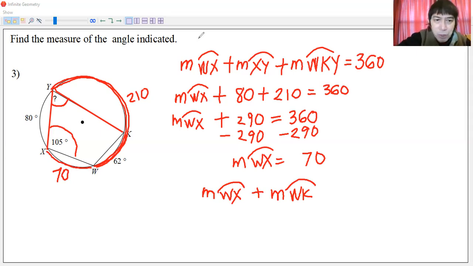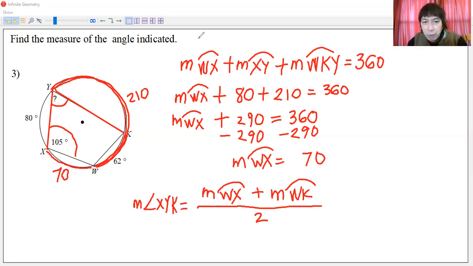And so the sum of these two arcs divided by 2 will be the measure of angle XYK, the angle with a question mark, the inscribed angle. So this is equivalent to, let's put a name on that, that's angle XYK. This is the angle with a question mark, the inscribed angle.